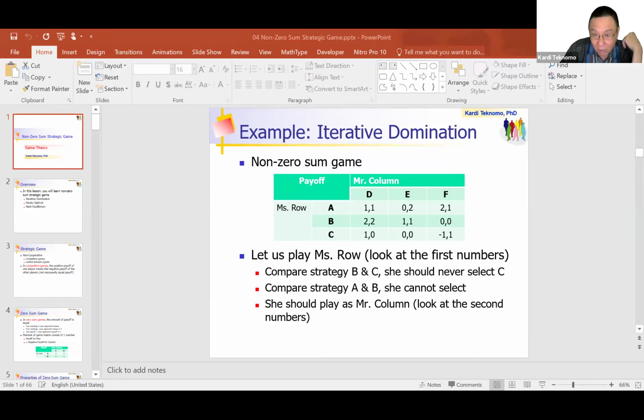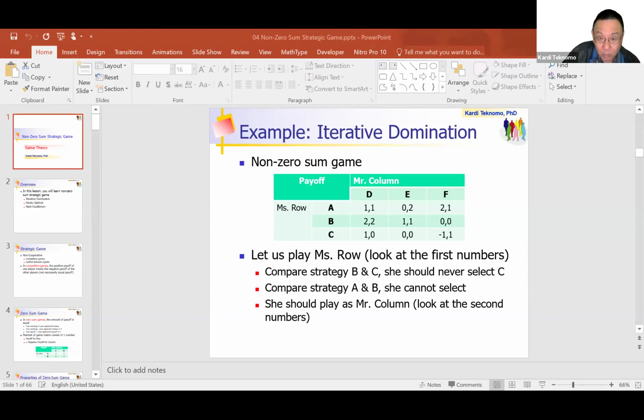So in this case, row C is dominated, so you can delete row C. Why? Because row C is a very stupid strategy, so you never use this. And then now you compare A and B.